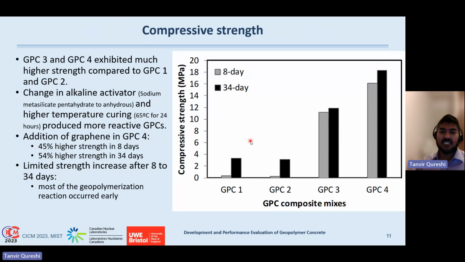So it suggests that geopolymerization typically happens at a very early stage of the hydration process. So early stage conditioning is quite vital for the strength gain of the composite systems.